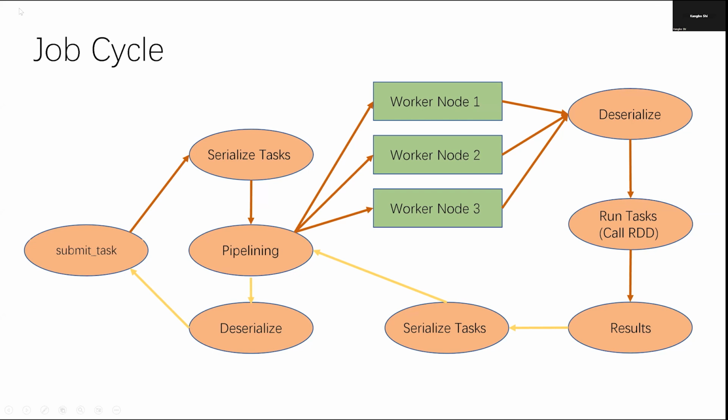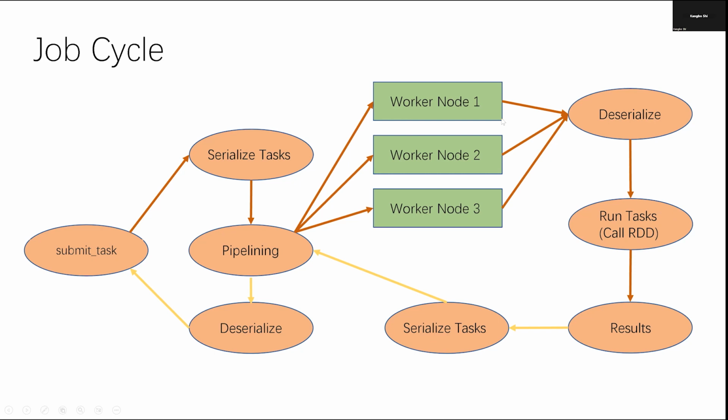After the user has input the task and the data, we use the submit task method and pickle to serialize our tasks and data, then pipeline it to different worker nodes, which combine as a worker loop. At these worker nodes, we deserialize the data at the worker loop, and then we run our tasks by calling the RDD class.